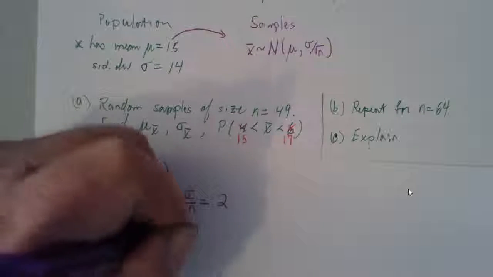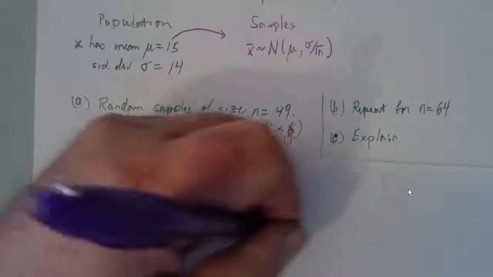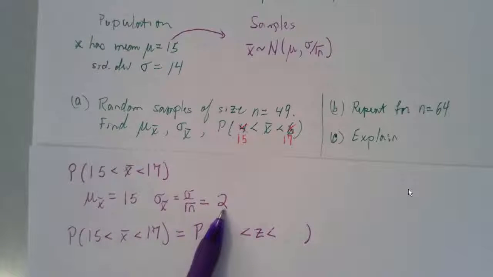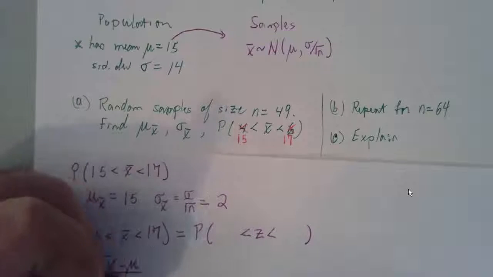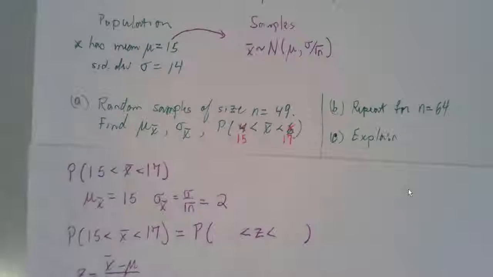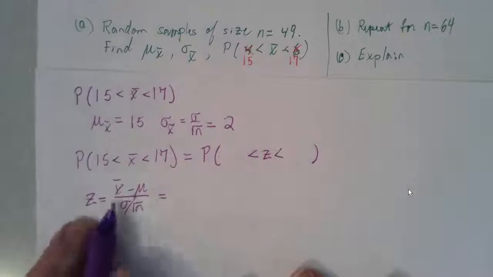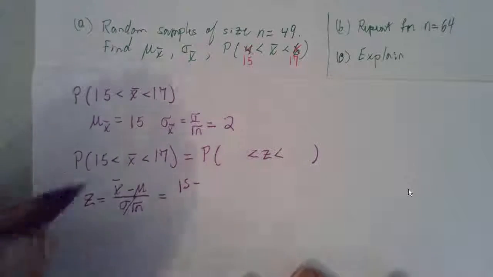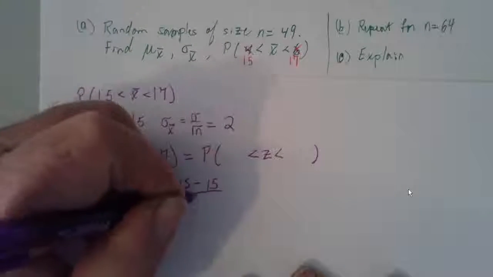What we're going to do is run each of these through our z formula. Now remember, these are values of x bars. So we use that formula that we've been learning. X bar of 15 minus the mean for the x bars. And what goes down here doesn't really matter, right?